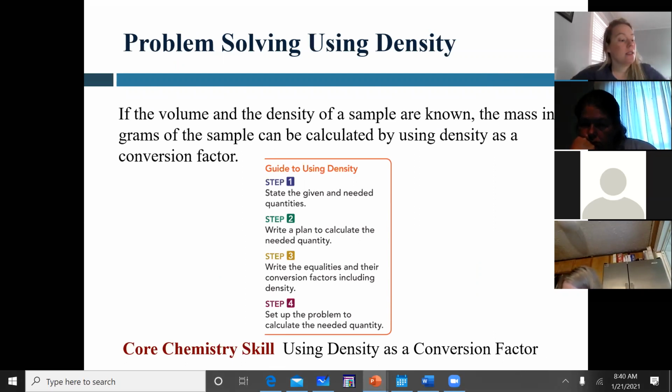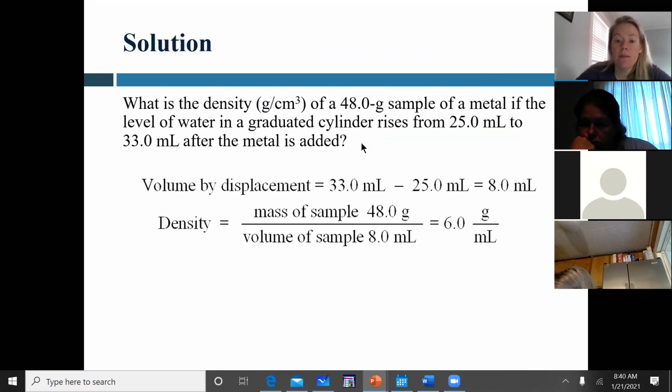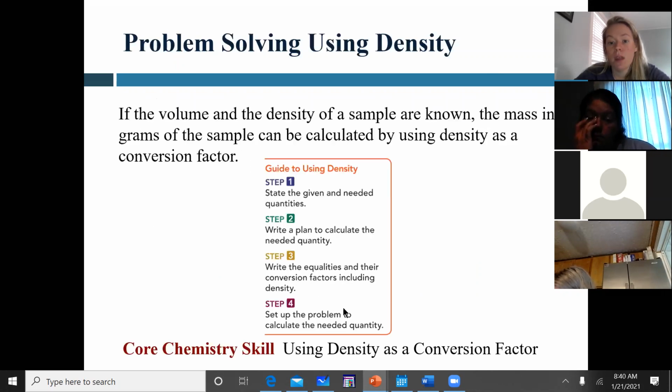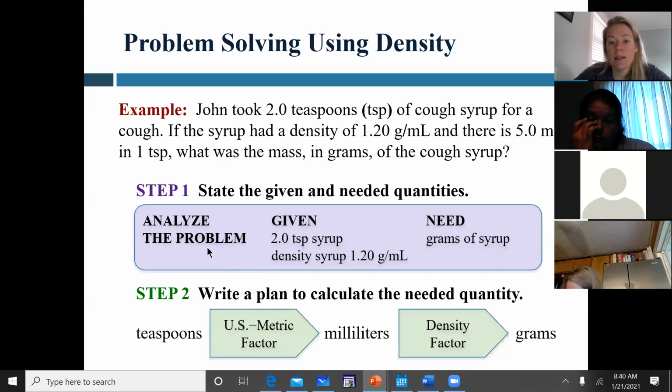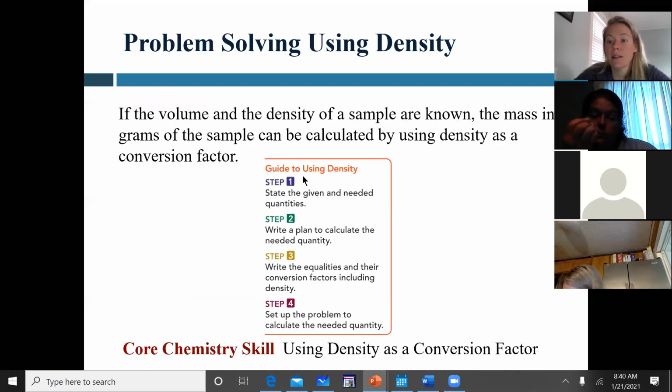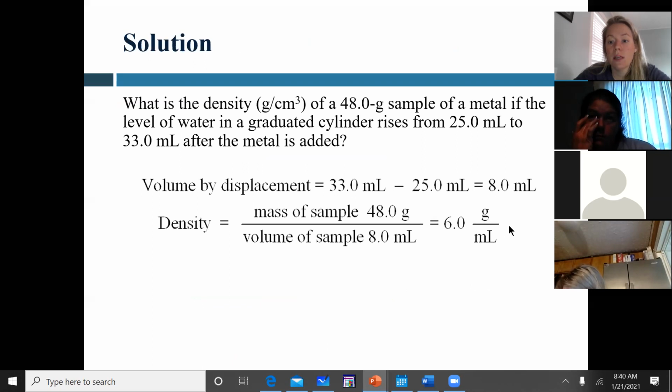So sometimes, instead of being given mass and volume, you're given density and mass, and you solve for volume. These slides are going to guide us into using density as a conversion factor, because look at density. We've got 6 grams per milliliter, 6.0 grams in every 1 milliliter.